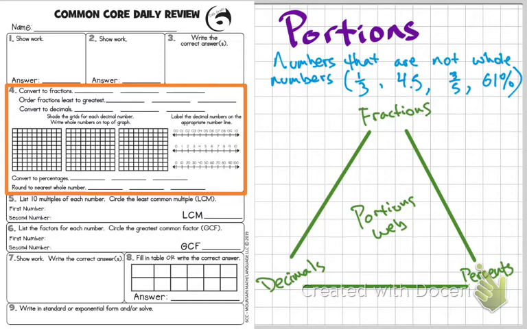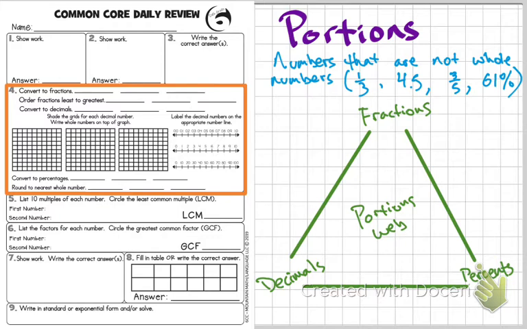Now, understanding how these relate to each other really helps us with all of the different parts that are in this question number 4, because this is asking us to do a lot of different things. So we're actually going to look at how the portions web works and how we can move from one form of a portion, for example, a fraction, to another form of a portion, maybe like a decimal.